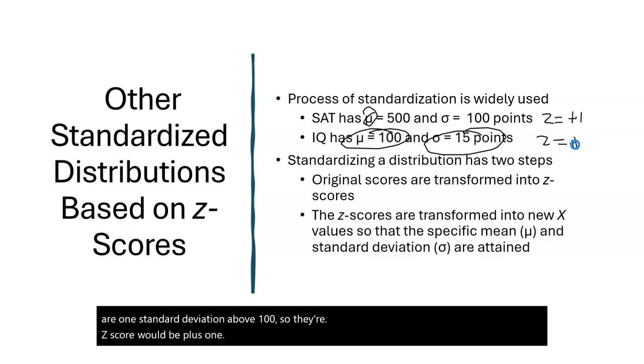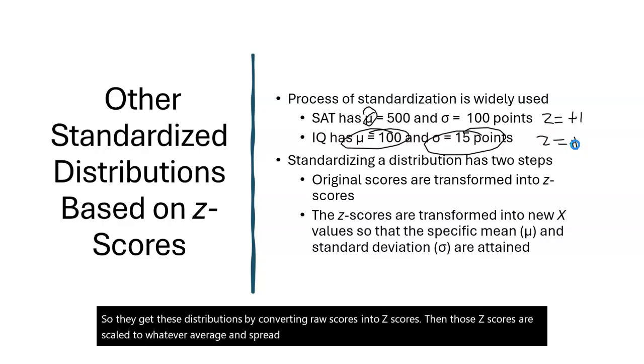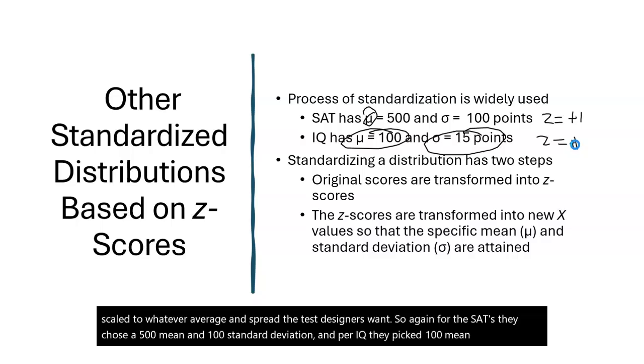So they get these distributions by converting raw scores into z-scores. Then those z-scores are scaled to whatever average and spread the test designers want. So again, for the SATs, they chose a 500 mean and 100 standard deviation. And for IQ, they picked 100 mean and a 15 standard deviation.